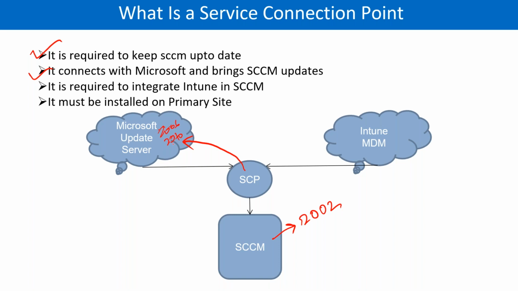So 2006, 2010, the latest one. Then we will be able to install 2010 or the latest one, and then it will get upgraded from 2002 to 2010. So it is required to update your SCCM from the old version to the latest version. Understood? Clear? That's the first point.